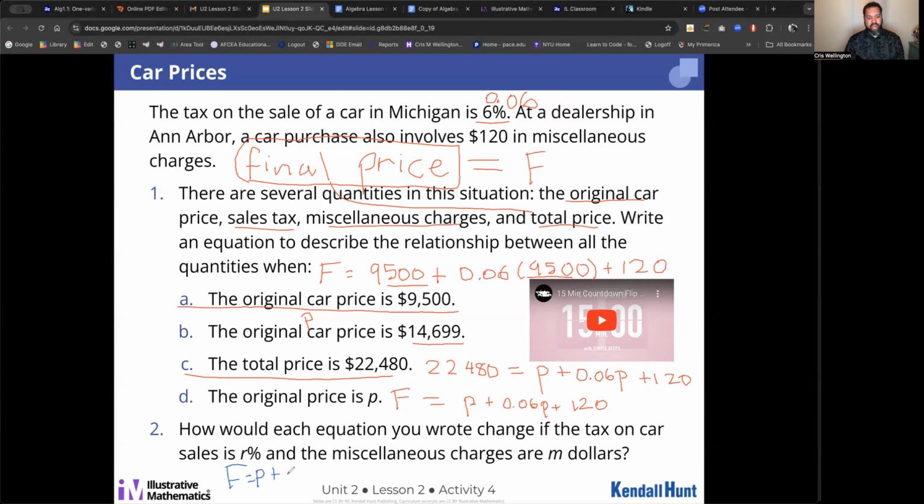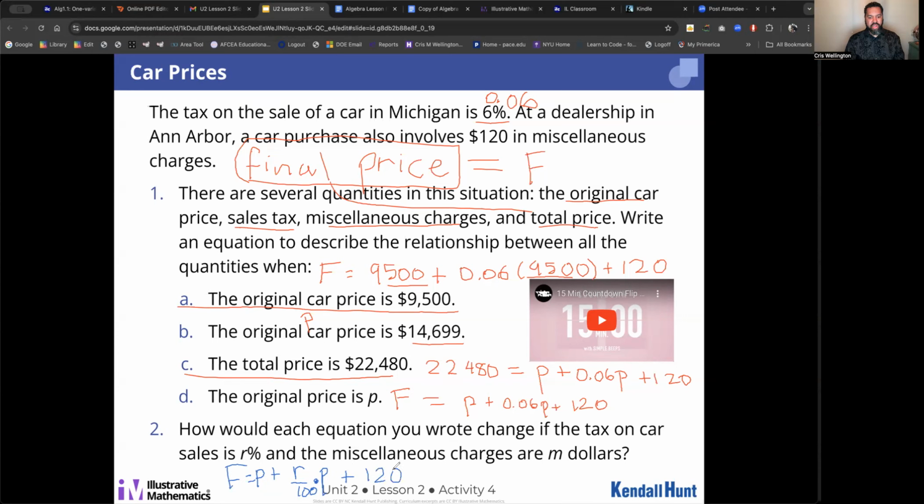For R%, you can write R over 100. I don't want to use a weird number, so instead of writing the weird 0.00R, I'm just going to write R over 100, since percent means out of 100, times P, plus 120.